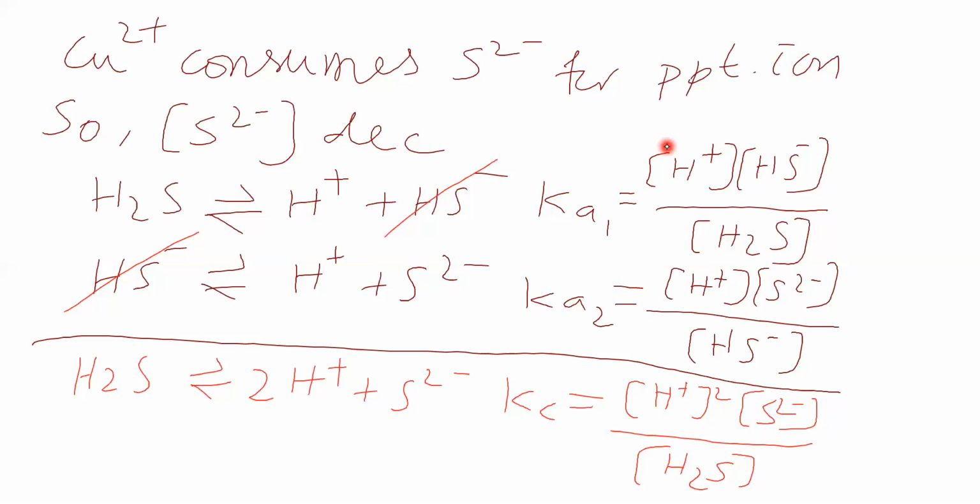What shall we say? Okay, you are saying the product: Kc is equal to Ka1 into Ka2.